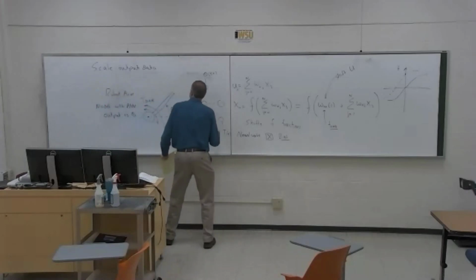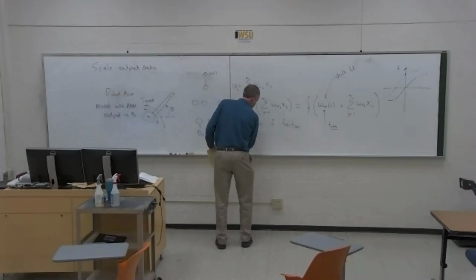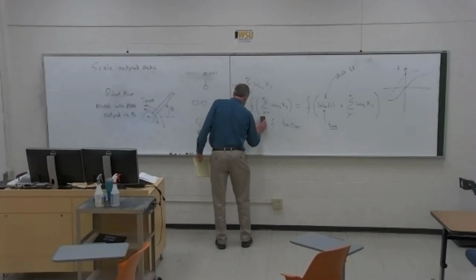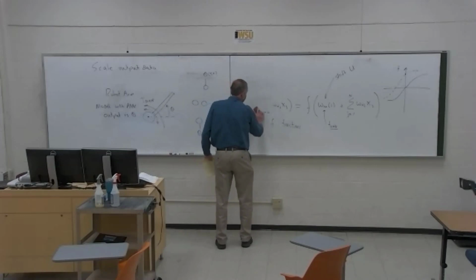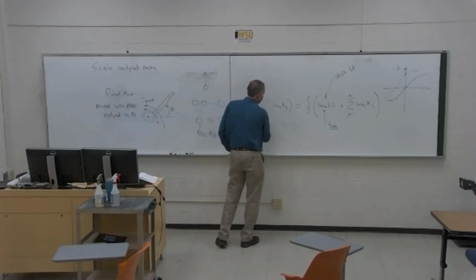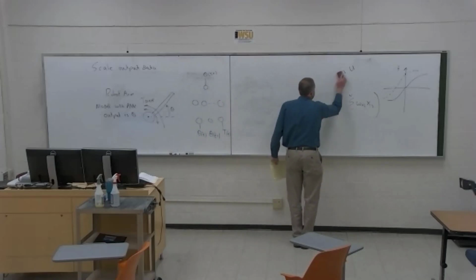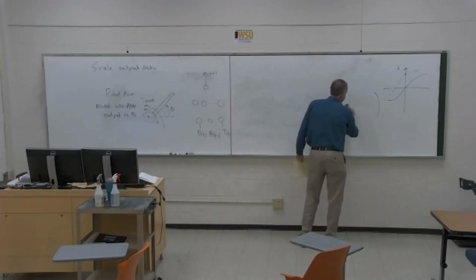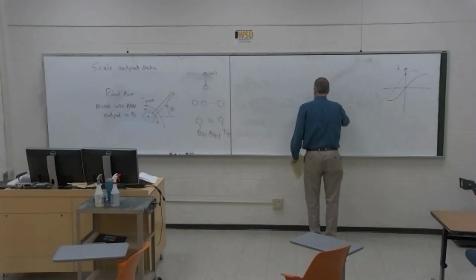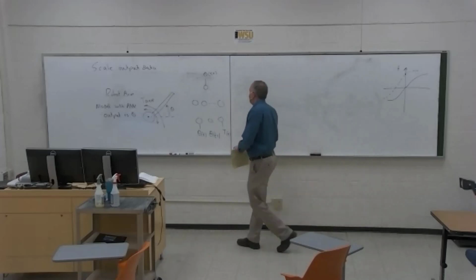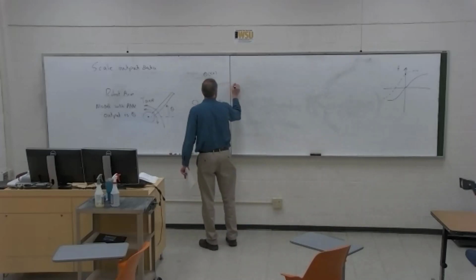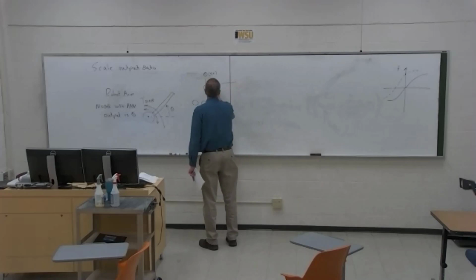There's an issue with this, though, because theta, let's say we do this in degrees, theta is going to go from 0 to 360. And this neuron is going to have an activation function.